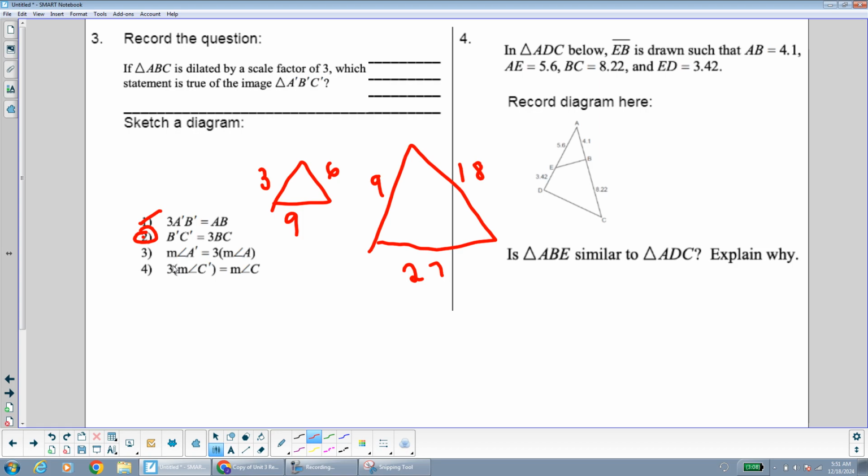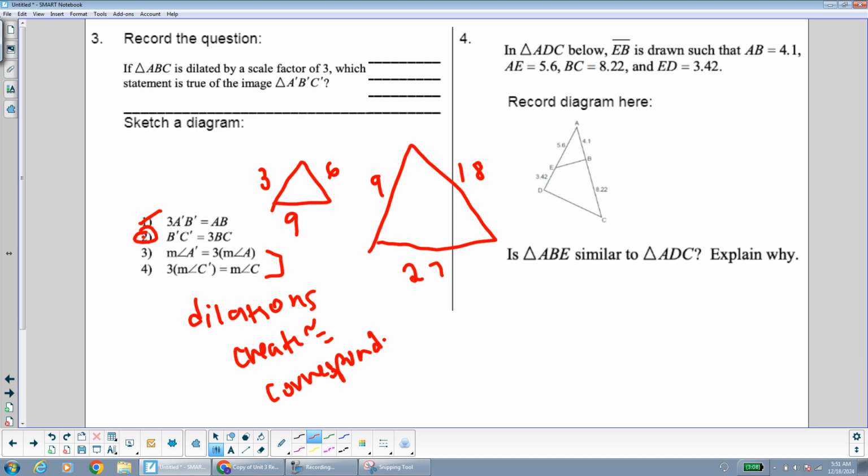Number 4 is saying something similar, except the reverse. Both of these are not true because dilations create congruent corresponding angles. So before and after a dilation, the angle measurements will stay the same. The side lengths change, but the angle measurements would stay the same, and that's going to be very important for the test.